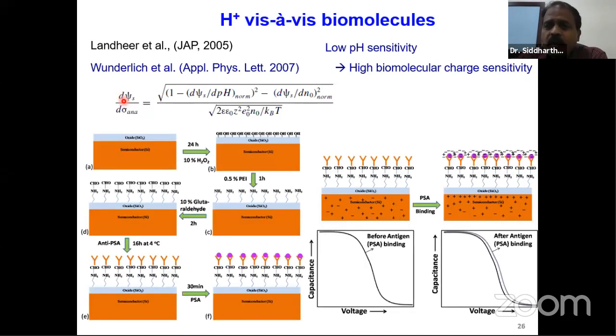So we wanted to understand this further. We had a device with the semiconductor oxide, then a stack, we put these Y-shaped antibodies, then we had bifunctional aldehydes, and we had antigens capturing the antigens. We wanted to see the results.